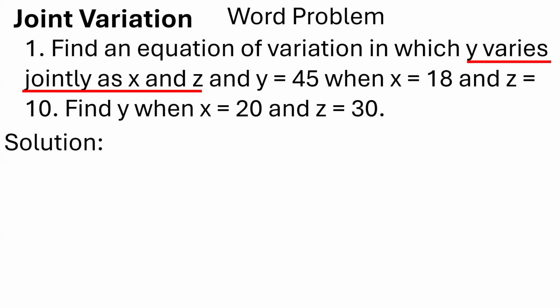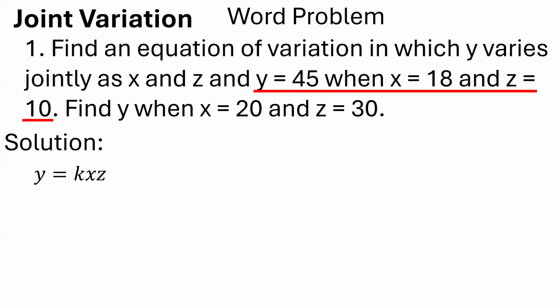Solution natin. So Y varies jointly as X and Z. So alam na natin that is Y is equal to K multiplied by X multiplied by Z. Now here, after we find the equation, the next step is to find the constant variation. Since Y is equal to 45 and X is equal to 18, Z is equal to 10, all we have to do is to substitute this value doon sa ating equation, which is Y is equal to KXZ.